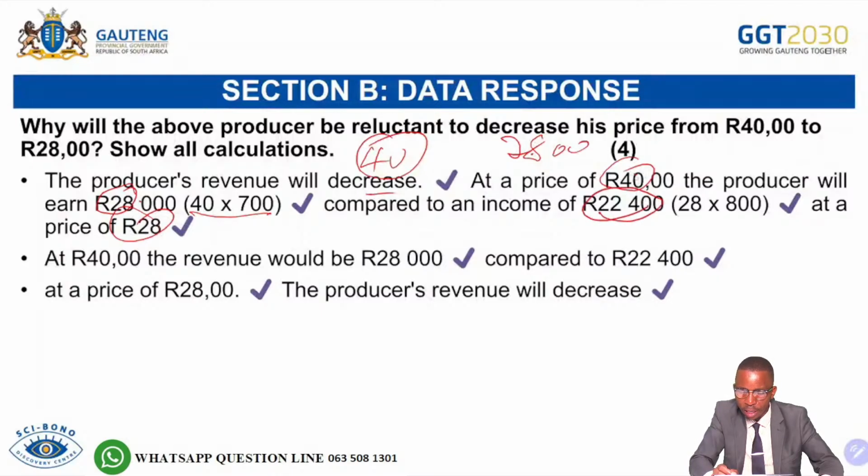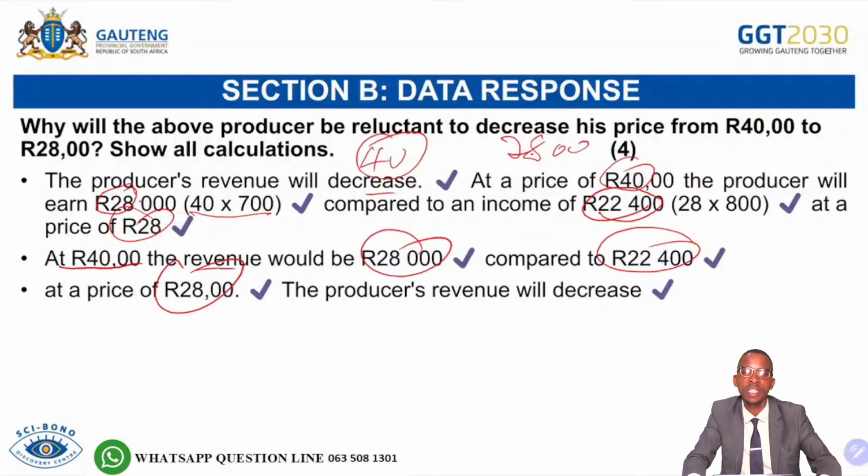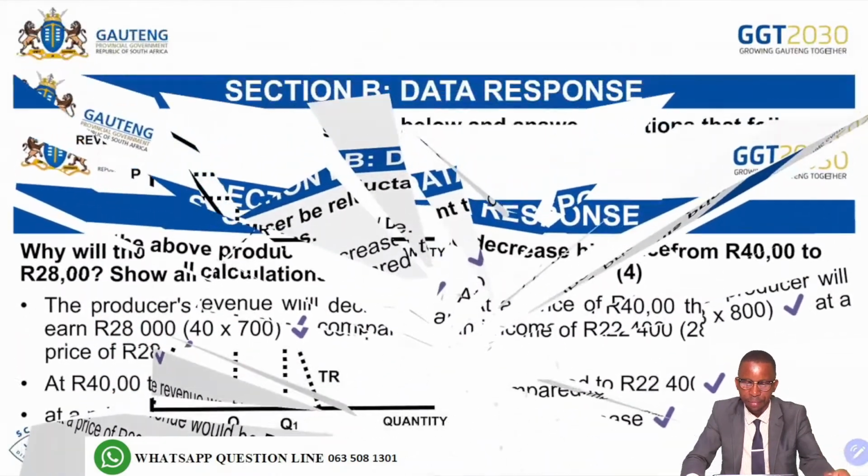That means this firm is losing total revenue. So the firm will decide not to lower its prices because it will be receiving less total revenue. At 40, the revenue would be 28,000 compared to 22,400 at 28 rand. The producer's revenue will decrease. That's why the firm will be reluctant to lower its prices.